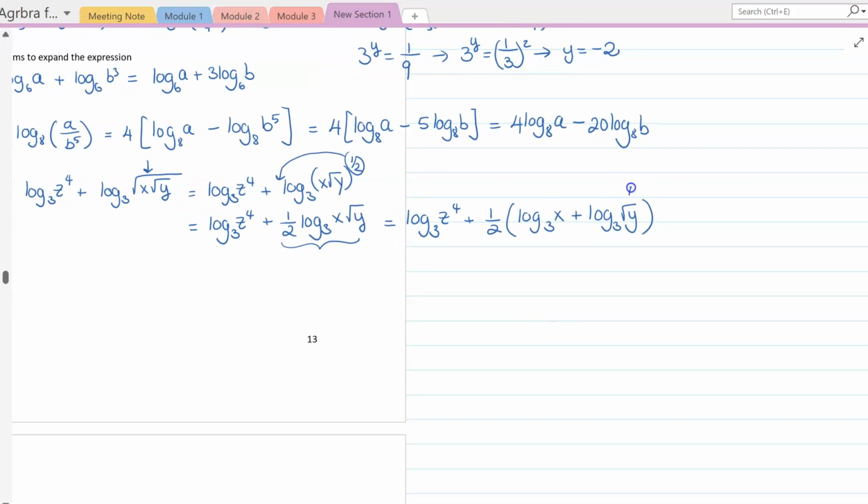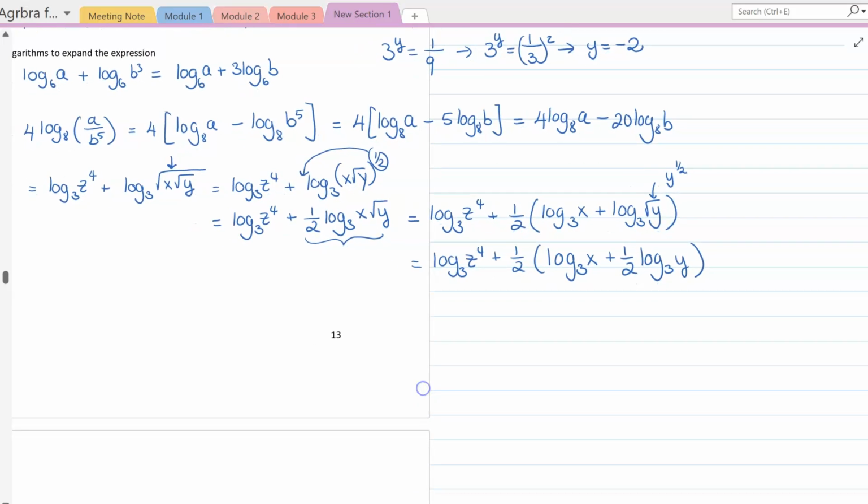So note that here I have a square root, which is understood as y to the 1/2. Here I can do another one with the law of exponent. Okay.